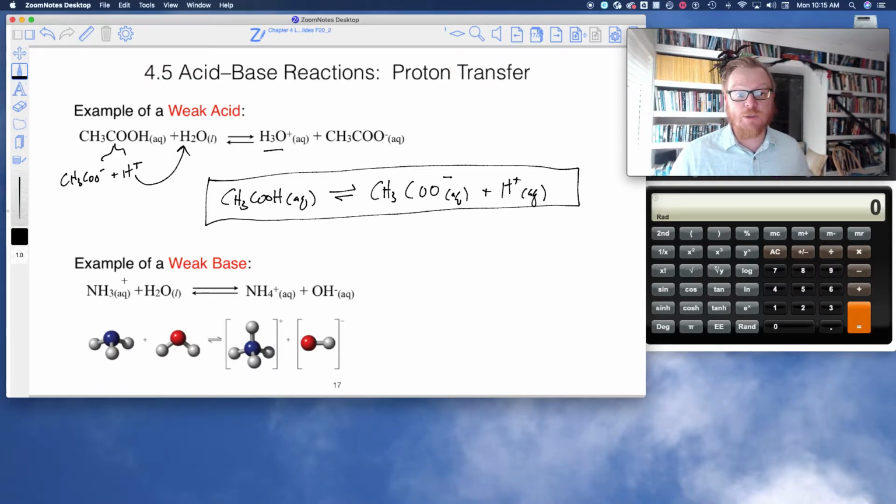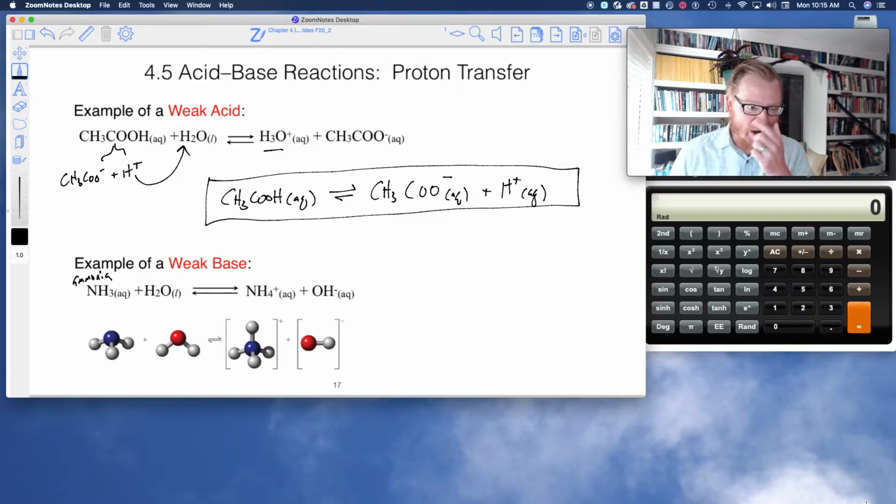And then similarly for our base, a weak base example is ammonia. I know that you all have dealt with ammonia at some point in time or another. I hope you've at least cleaned your bathroom once and you've got the ammonia spray. That's a weak base. If we remember our definition of a base, it's a proton acceptor.